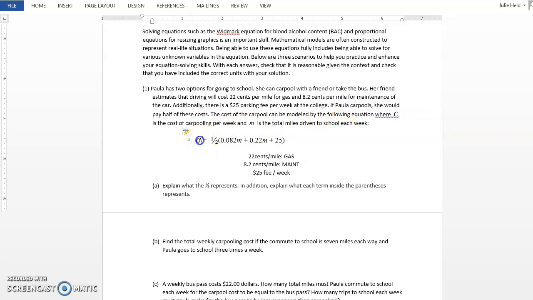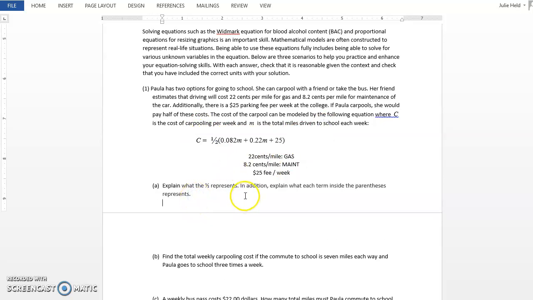So C, remember, represents the cost of carpooling. So there's her equation. She's already built it. So we're going to look at that and just think about in part A, did she build it right? Do we trust it? What does everything mean? So the half, there's a half in the equation, right?